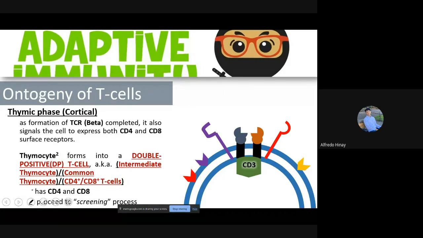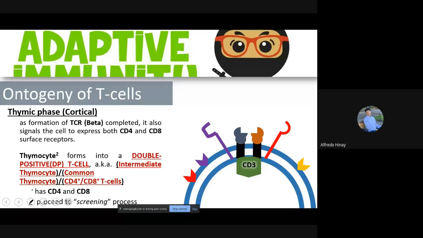Wala tay circulating lymphocytes, class, that express the two. So during the ontogeny, dapat isa lang jud ang iyahang ma-produce. Either the T cell will become a helper or a cytotoxic. Okay? So, other name of your double positive T cell, class, you have an intermediate thymocyte or common thymocyte. Or pwede po nato siyang tawagong CD4 plus, CD8 plus T cells.